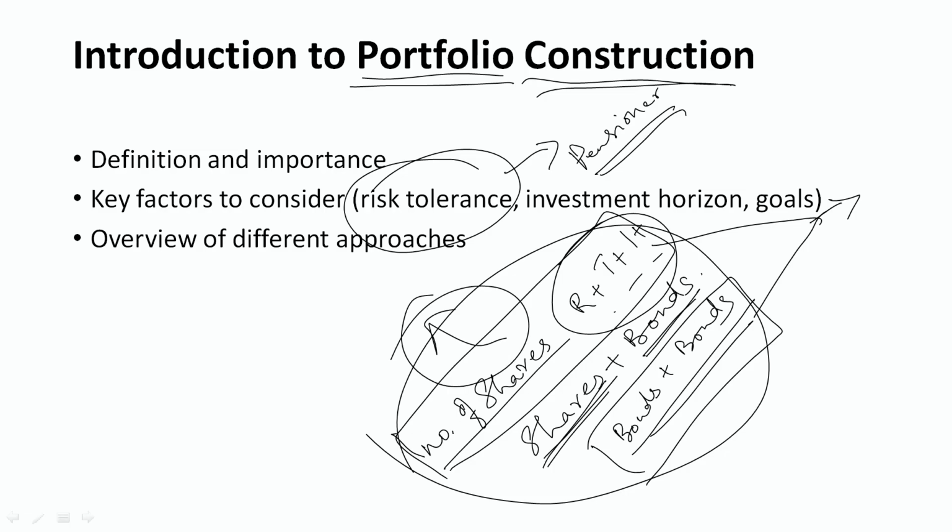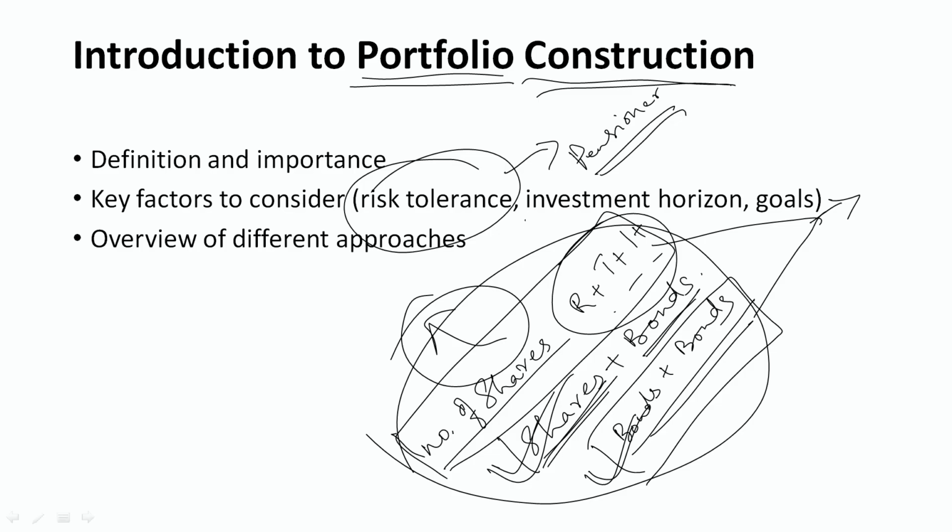So, which means there is risk tolerance. I may go in for this category of investment, or I may go in for that category. So, depending on the risk tolerance, I would be deciding how my portfolio should look.